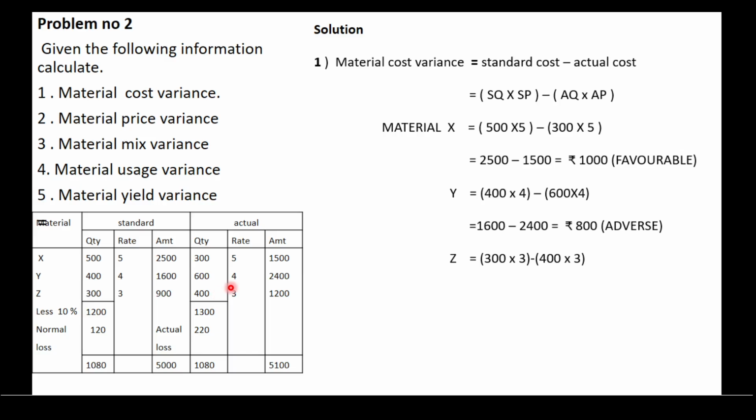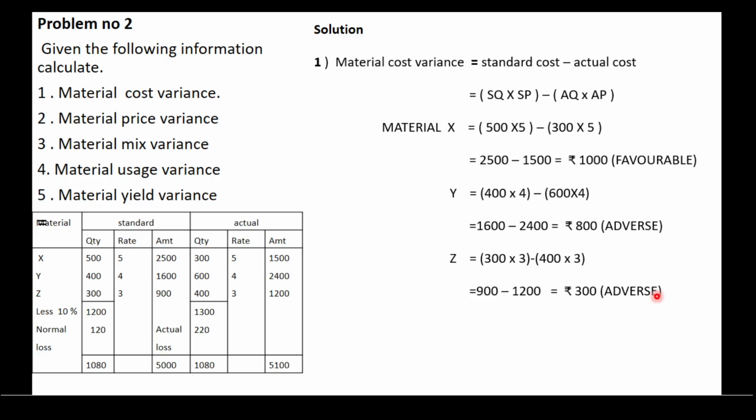So now 900 minus 1200: 300 into 3, 900; 400 into 3, 1200. So here the actual cost is more than the standard cost, so it is called adverse. So 1200 minus 900, rupees 300, it is adverse. So this is the calculation of material cost variance.